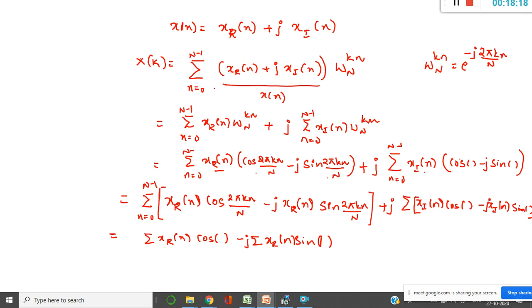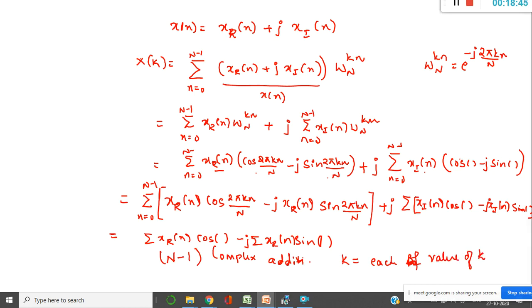For n number of samples, if you go on substituting this way, we are going to get n minus 1 complex additions for each value of k. For each value of k, of such, how many values are there?